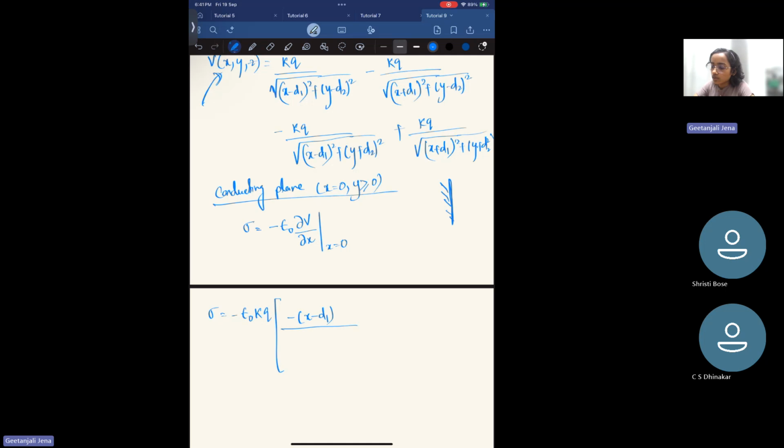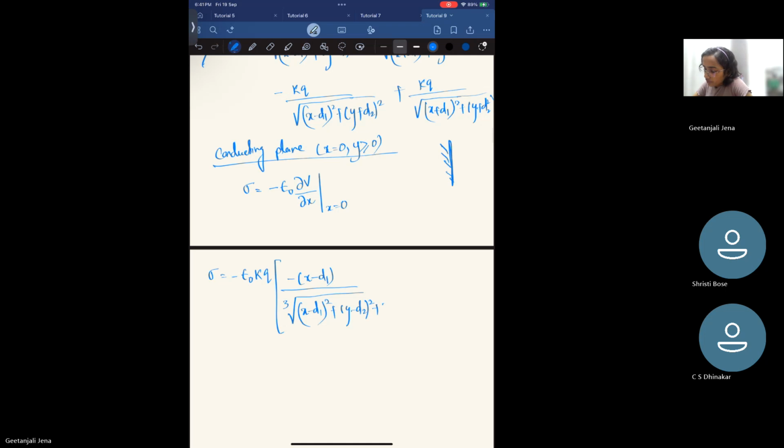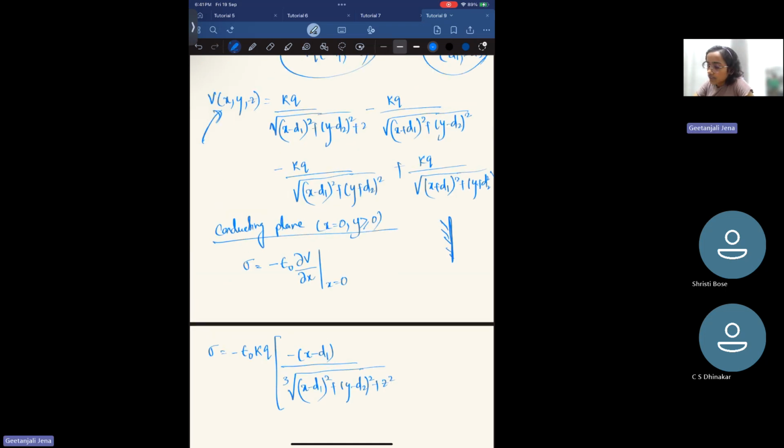This will give a 2 and the square will give a 2, so they will cancel. Then the power three-halves of x minus d1 square, y minus d2 square. One z square was missing here.